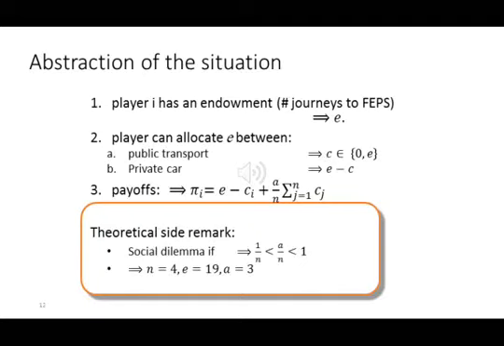Okay, this is the problem. This is what we call a social dilemma, because for every individual to maximize his or her utility, the best thing would be that this individual uses his private car, but that everyone else uses public transportation. However, the problem is that everyone is thinking the same. That's why we are having this social dilemma.